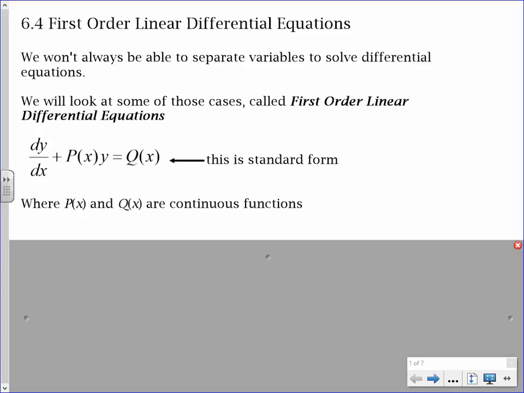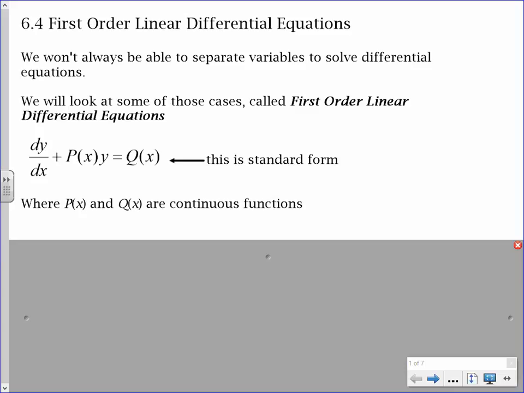Do they have to be differentiable functions? They have to be continuous. Okay. So, as long as they're continuous, that's all we care about.